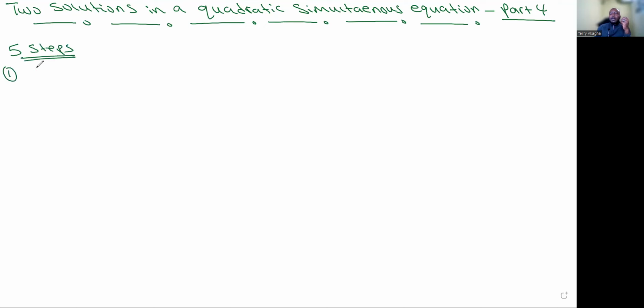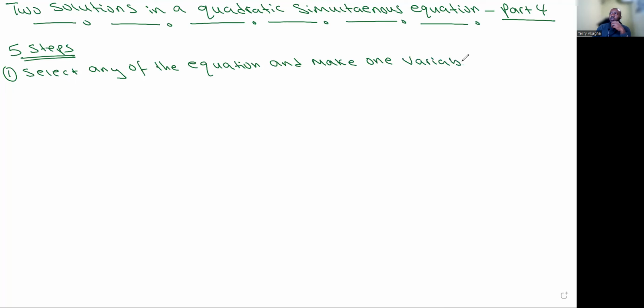The first thing you have to do is select any of the equations and make one variable the subject of the formula.